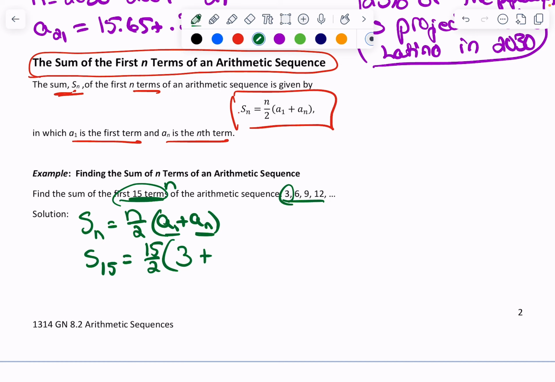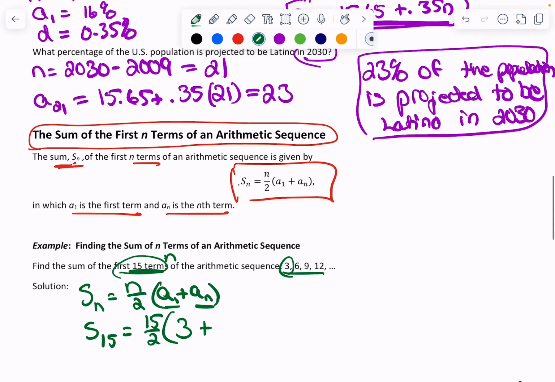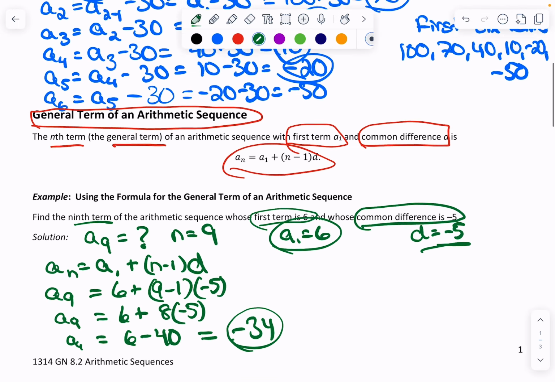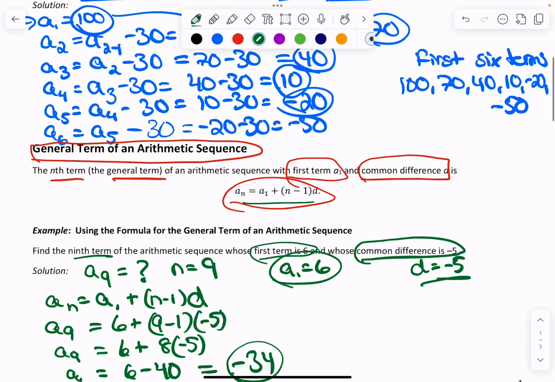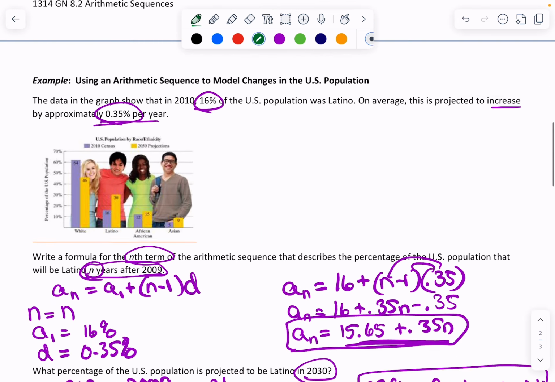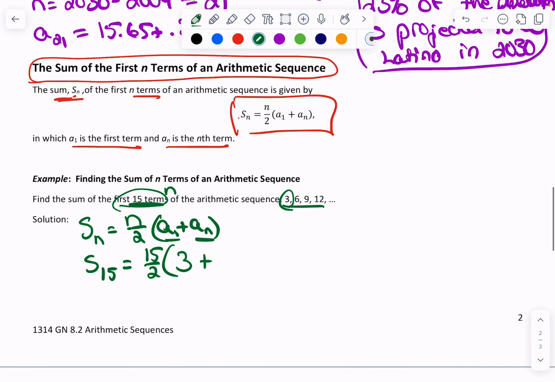So for our nth term, we are going to need the formula that was given to us right here. A sub n equals A1 plus n minus 1 times d. So we're looking for the 15th term.